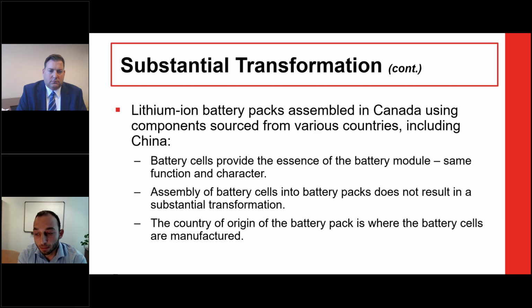And the CBP reviewed all the components of the battery packs and decided that the battery cells are the components that provide the essence of the battery module, because they have the same function and character as the end product. And that's why they said that the assembly of battery cells into battery packs does not really result in a substantial transformation, and that's why the country of origin of the final product is where the battery cells are manufactured.